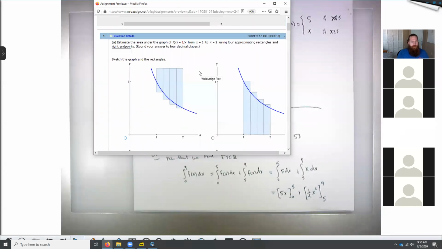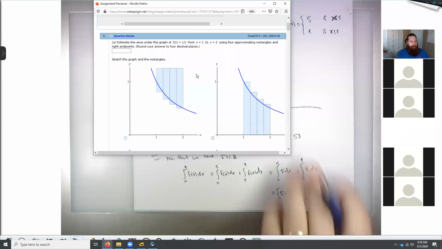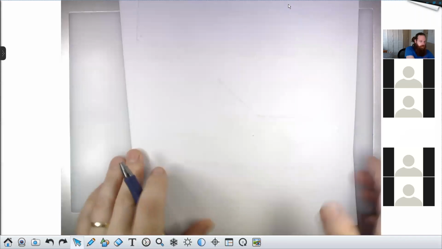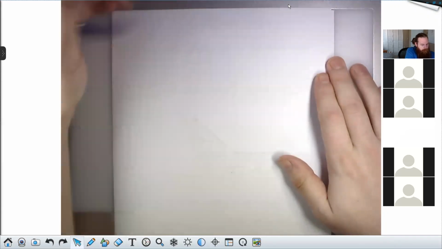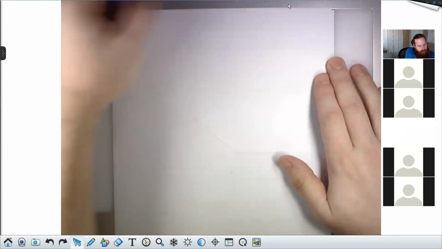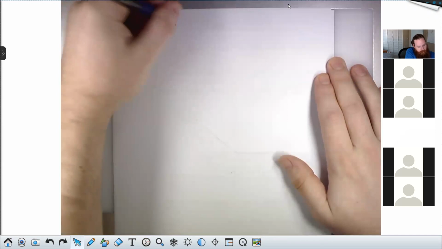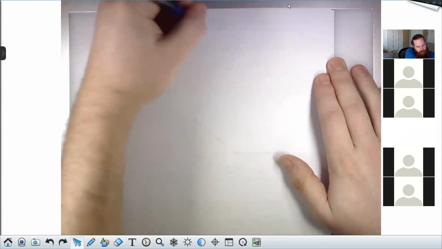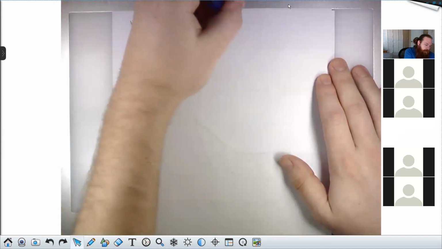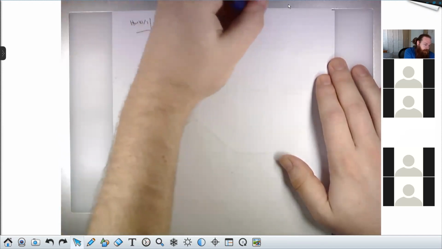So here we just want to draw some rectangles. 1 over x from 1 to 2. Estimate using R4.